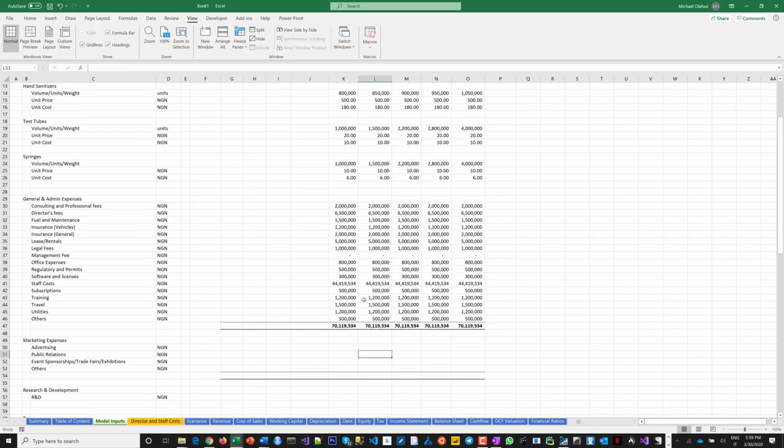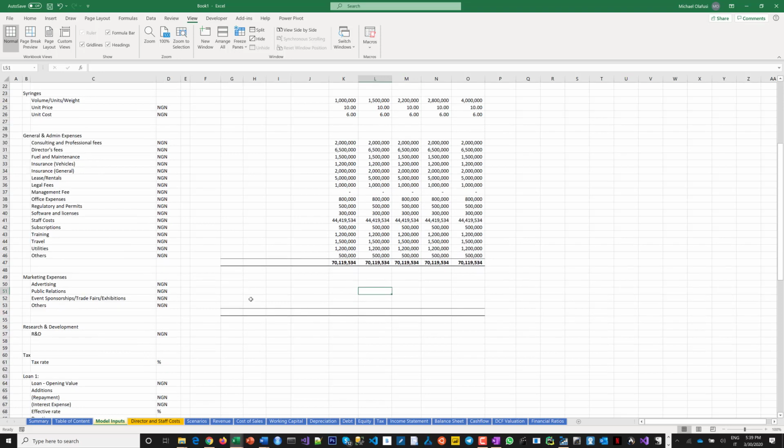In reality, some of them should go up in tandem with general inflation or the company's plans. But like I said, this is just to help you grasp the whole concept of how these inputs are being evaluated. So if you need to explain any aspect of it to the client you want to work for, then it's easier to explain and let the client do the hard work of how many staff I'm going to need, how much it's going to cost for all of these different line items.